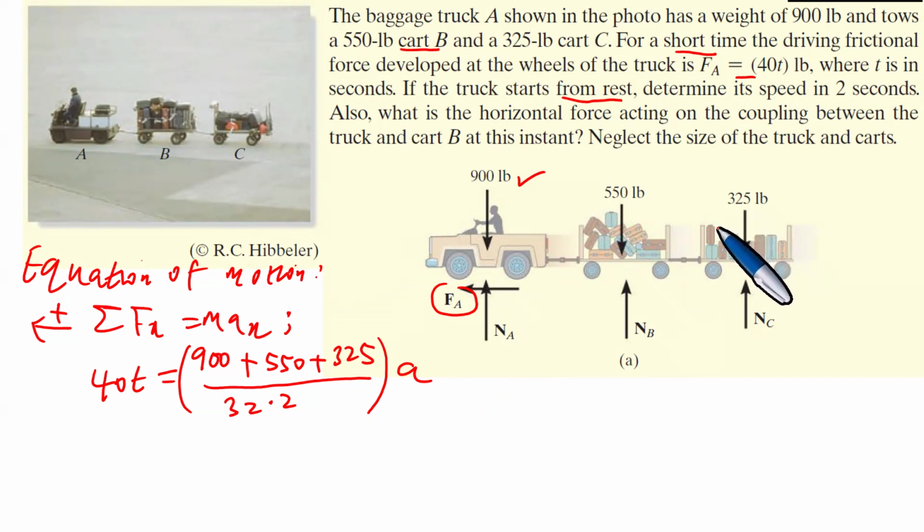And now what then happens is the following. So in the end, you are attempting to say, what would the overall mass of this system be if we regard it as one overall system? So we add all these particular weights, the 900, the 550, and the 325, we add them all up.